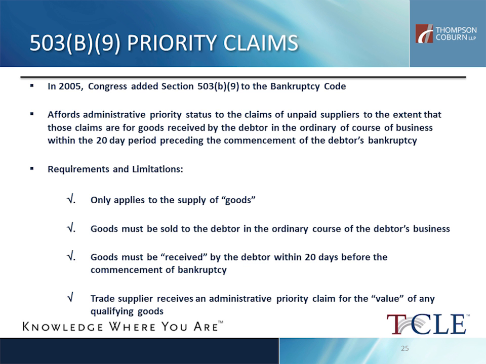The trade supplier is going to get an admin priority claim for the value of the goods. In a Chapter 11 case, admin claims have to be paid upon the effective date of a plan, so you're going to get paid first. It's very advantageous, and it's an excellent tool that was added in 2005.